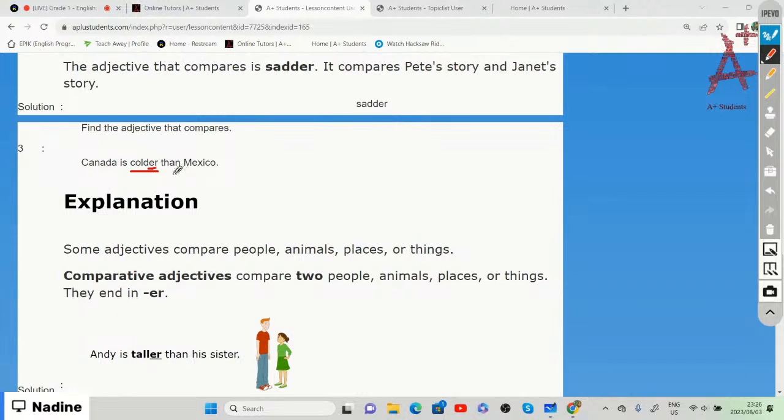So they're saying that Canada is colder than Mexico, which means two places are being compared. Two places being compared, we call that a comparative adjective, and it ends in er.